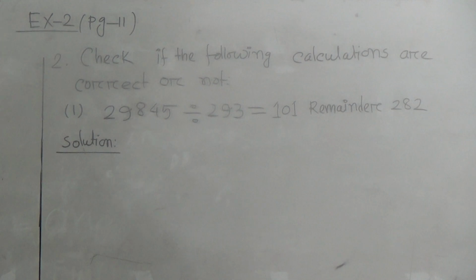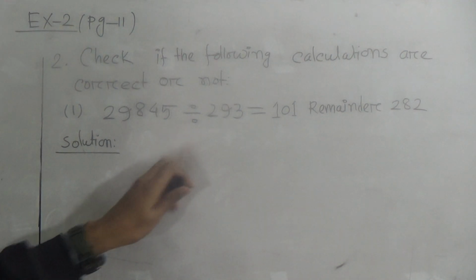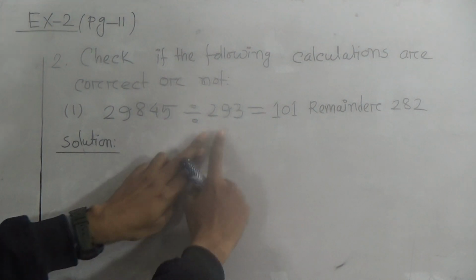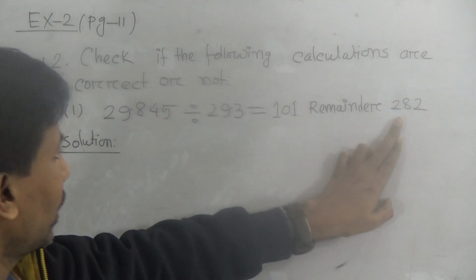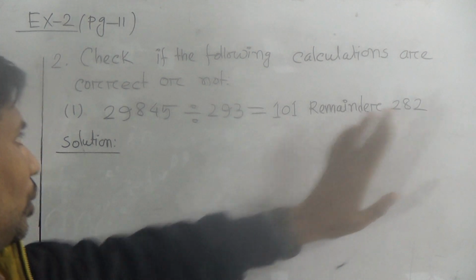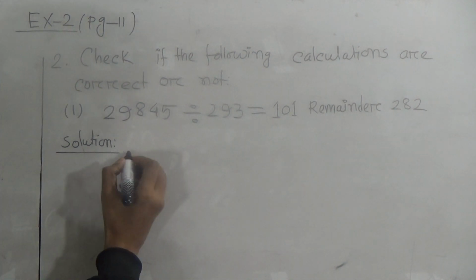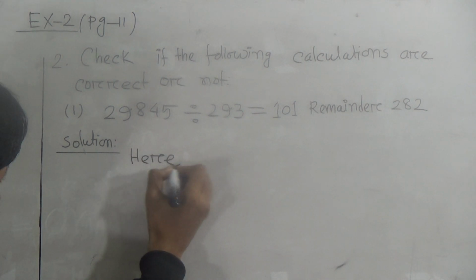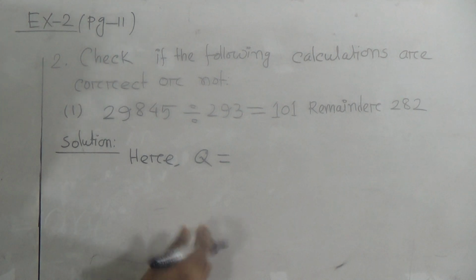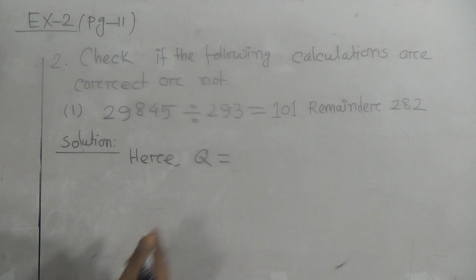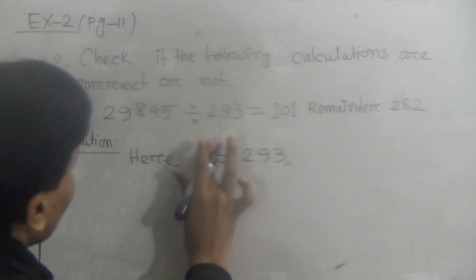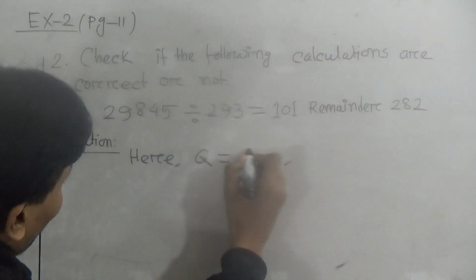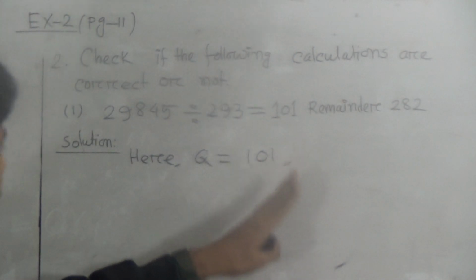Okay, let's solve. Look, here, you listen, this is 293, the divisor, this is the dividend, this is the quotient, and this is the remainder. Okay? Now, right here, Q is the short form of quotient. Quotient is 101.